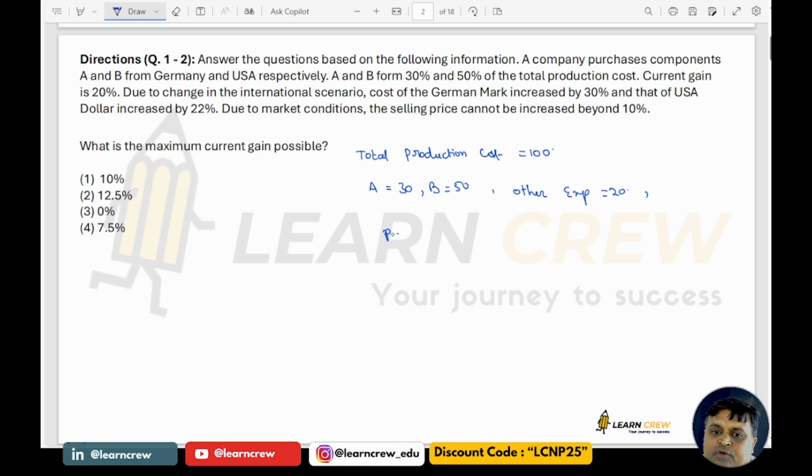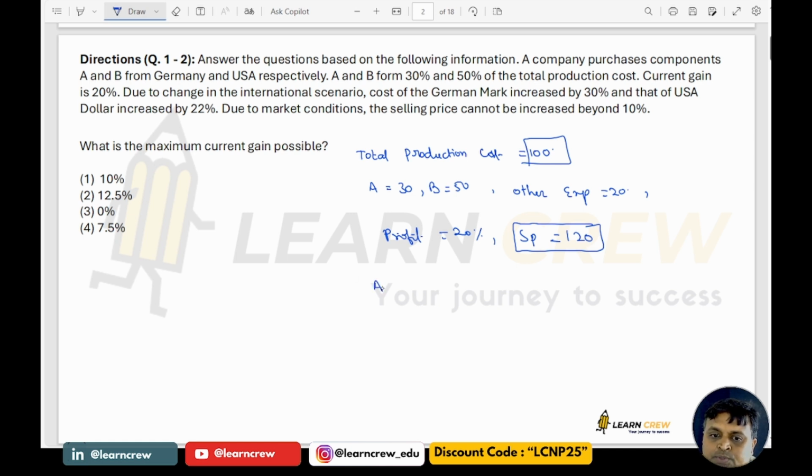It is given that profit is 20%. Thereby, the selling price is how much? Cost price is 100. Profit is 20%. So, selling price is 120. Now, it is given that due to a change in the international scenario, cost of German mark, means A, increased by 30%.